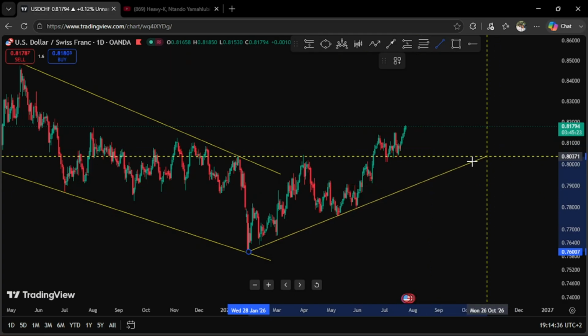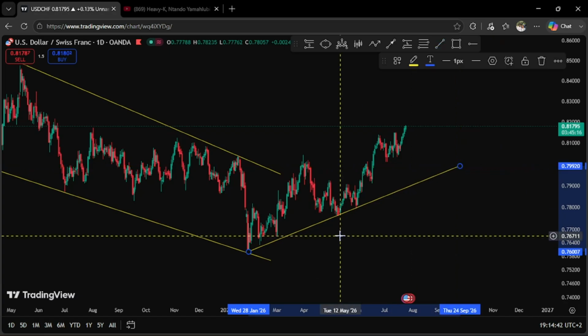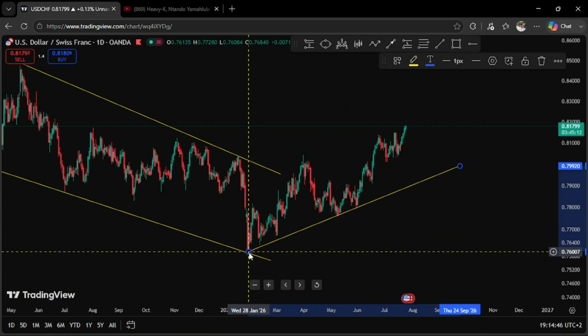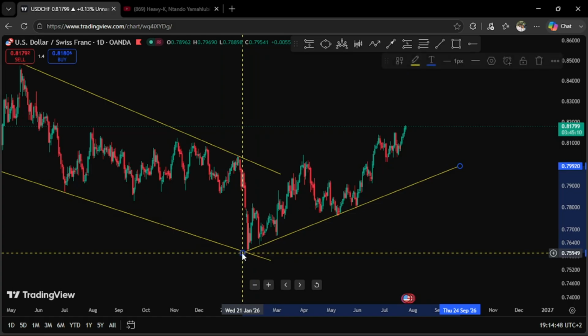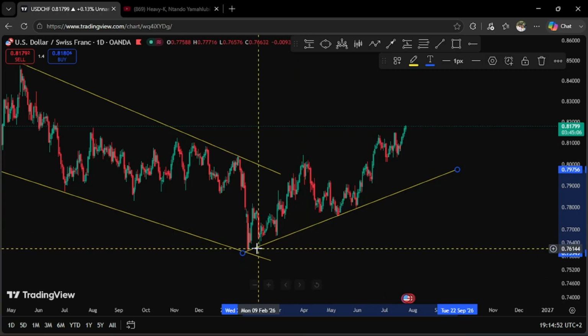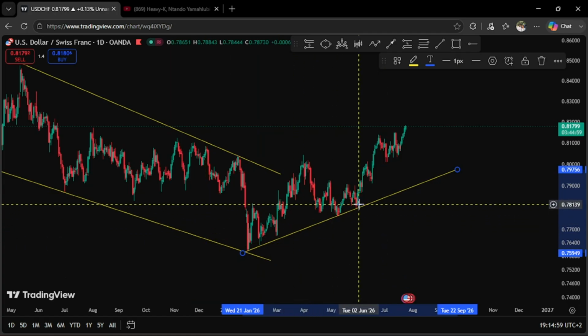So we have this trend line. How many touches do we have? I don't want to force it. We have one here, two. Second touch, we have one, two. Yes, we have one, two, three touches.